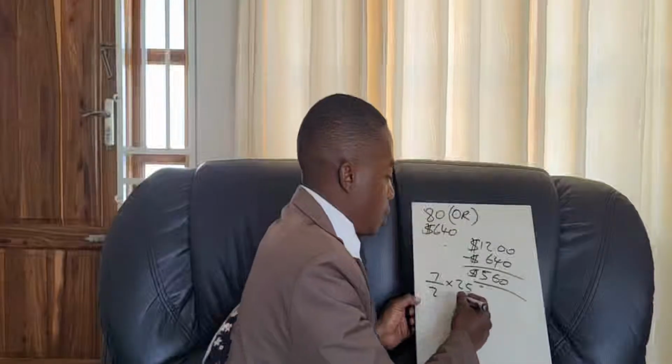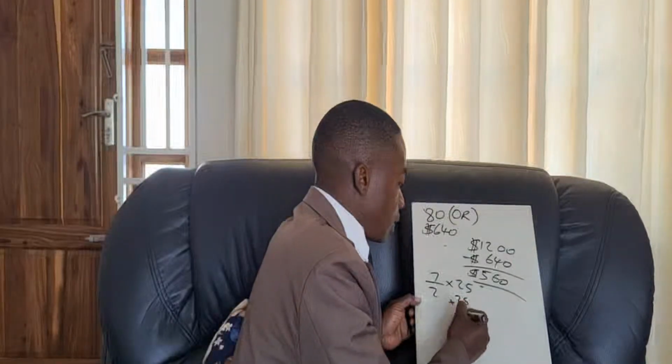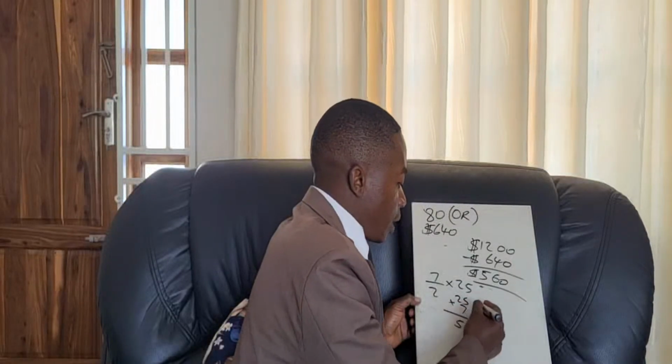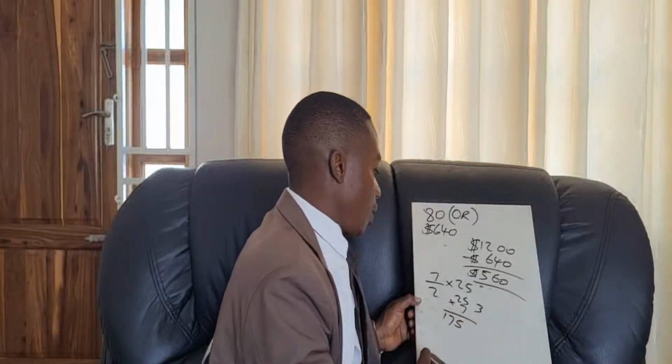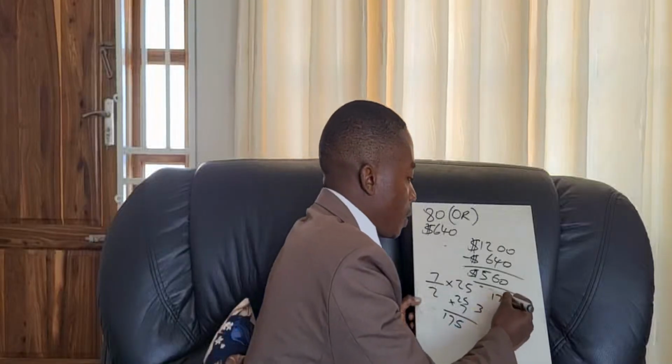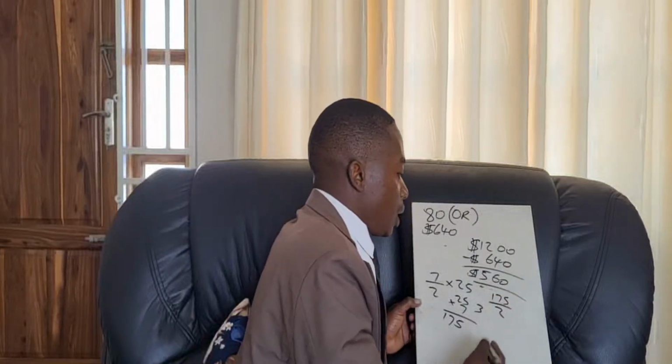Let's say 25 times 7, that's 175. So 175 divided by 2. That's the percentage.